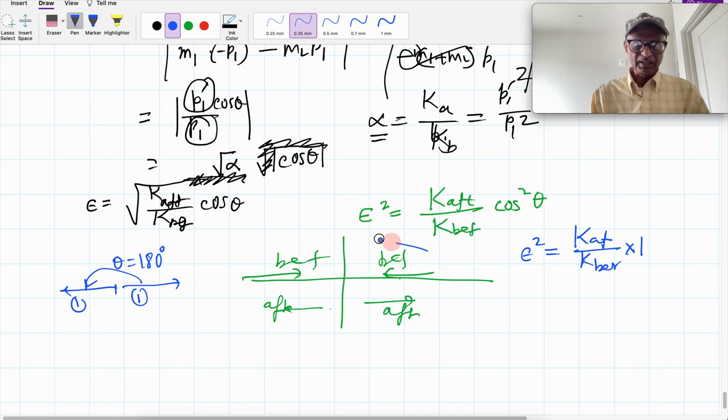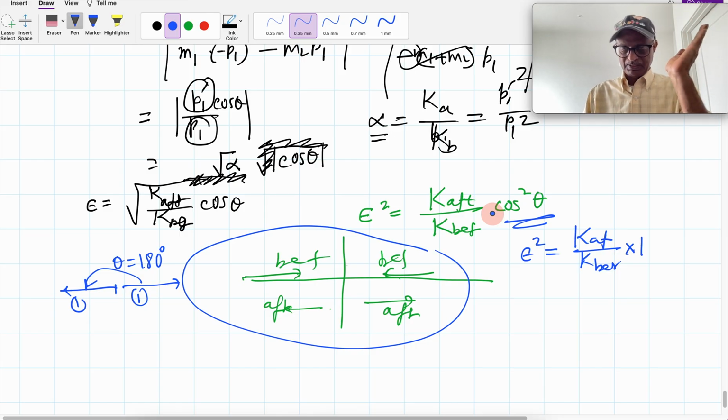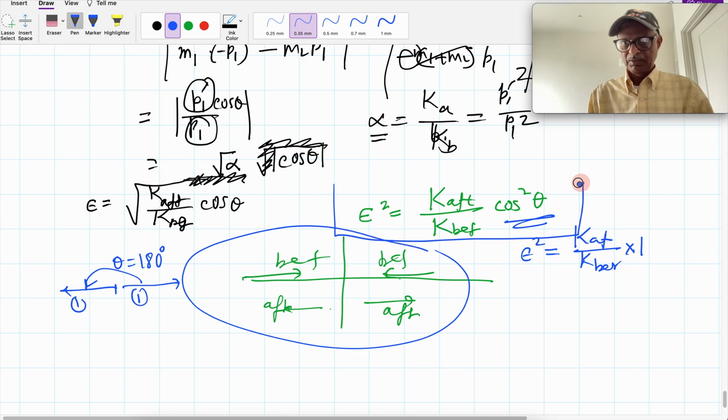So only in this case, but in all the other cases the relationship actually depends on the scattering angle also. But this is a nice relationship.